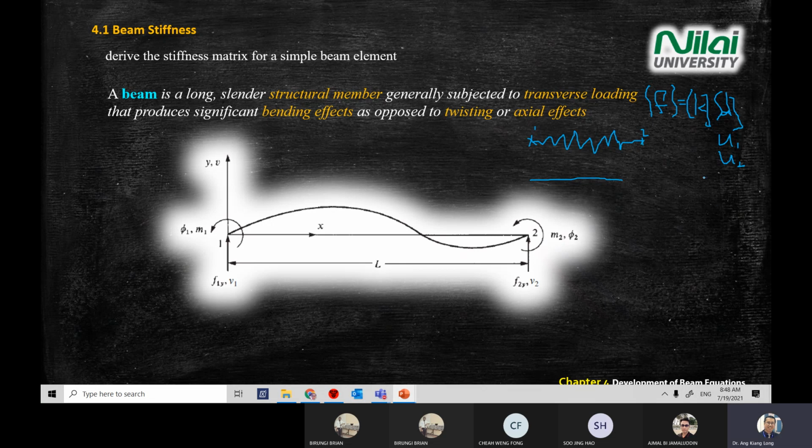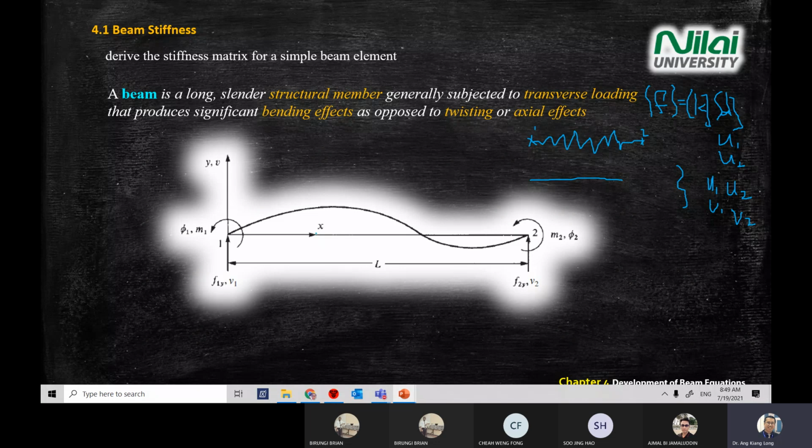For bar, it can be different. From bar, normally in a simple case, you only have the same U1, U2. But normally for bar, we will have V1 and V2 for bar, because this one can extend.